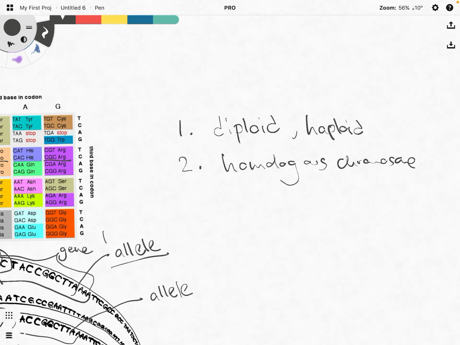And homologous chromosomes are largely the same. They contain the same genes, have the same length, have the same centromere location. Location of the genes are the same. But number three, we learned that homologous chromosomes can contain different forms of the same gene. And we refer to the different forms of the same gene as alleles.